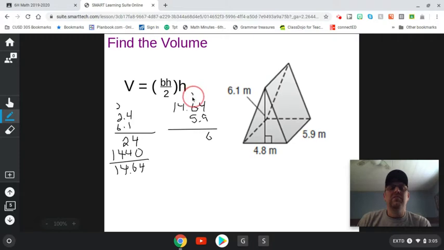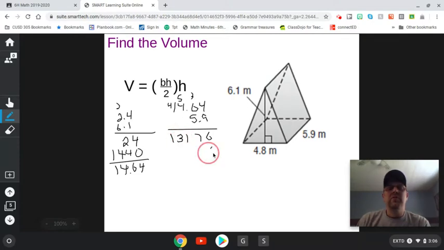Carry that 3. 9 times 6 is 54. Plus 3 is 57. 9 times 4 is 36. Plus 5 is 41. 9 times 1 is 9. Plus 4 is 13.